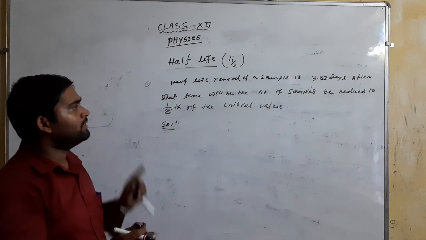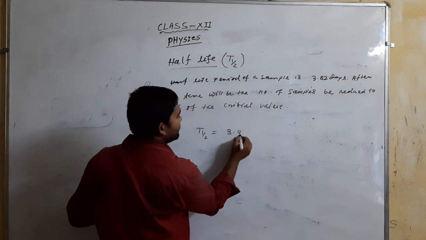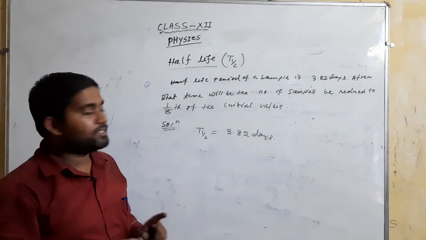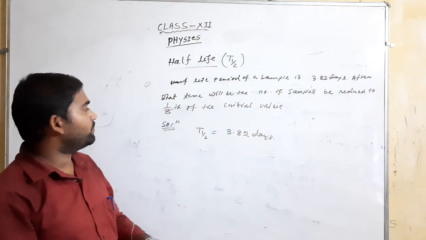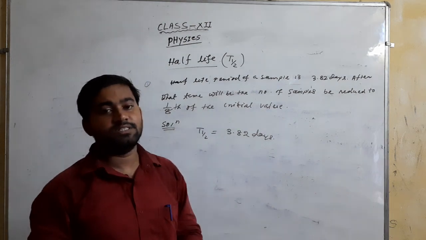Here the half life of the radioactive sample is t half equal to 3.82 days. We need the time at which the number of samples reduces to 1/8 of the initial value.